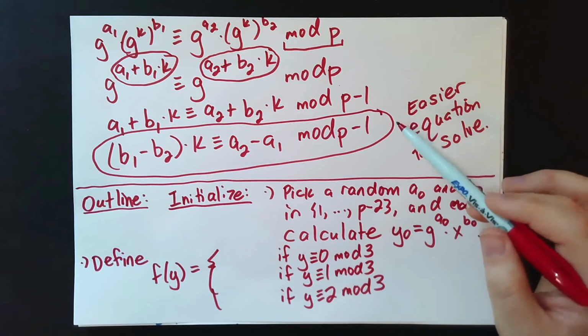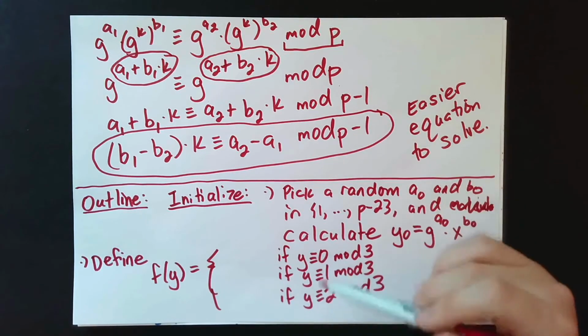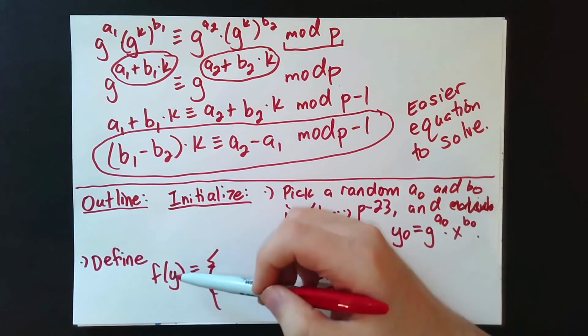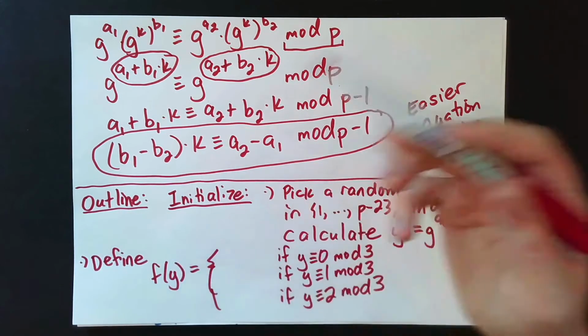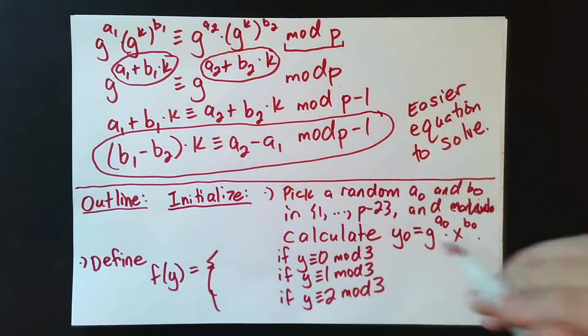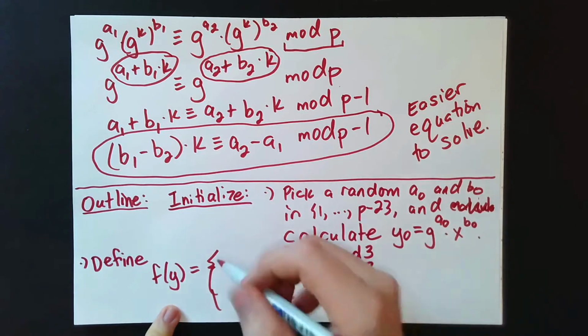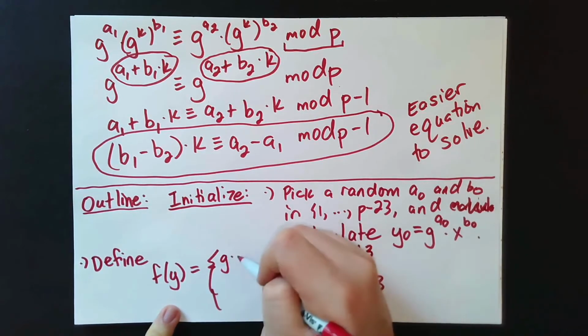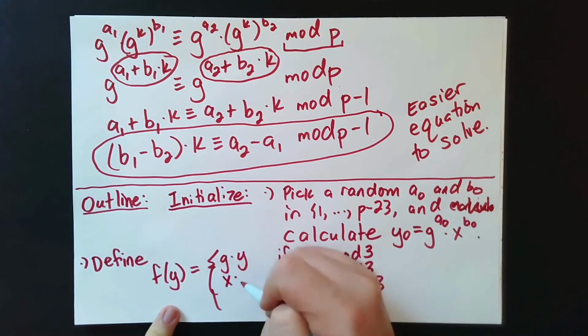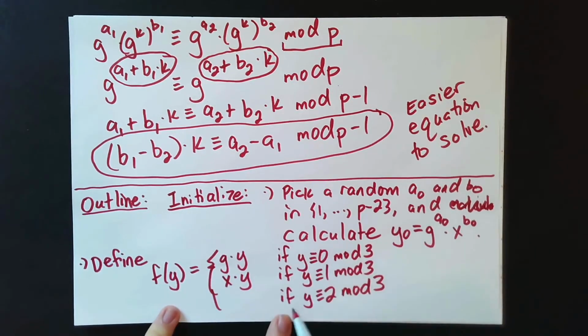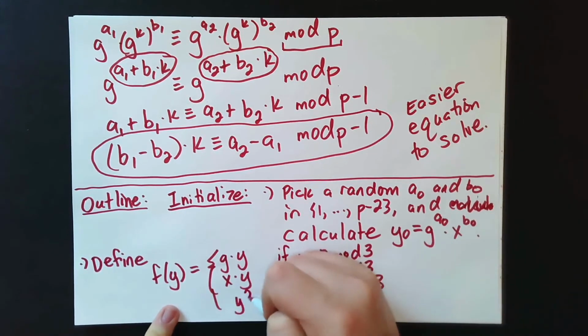And so instead, because this is nonsense, it's more likely to generate something random, arbitrary, in terms of the path that I'm going to lay out. So I'll go ahead and write down what I'm going to do. If y is 0 mod 3, I'll multiply by g. If y is 1 mod 3, I'll multiply by x. And if y is 2 mod 3, I'll square y.